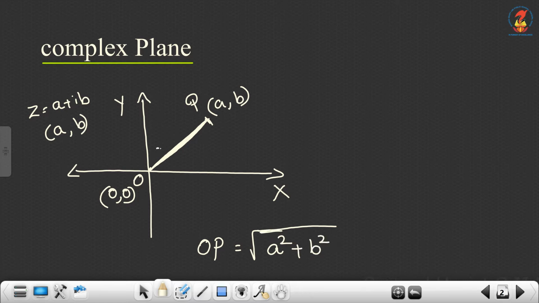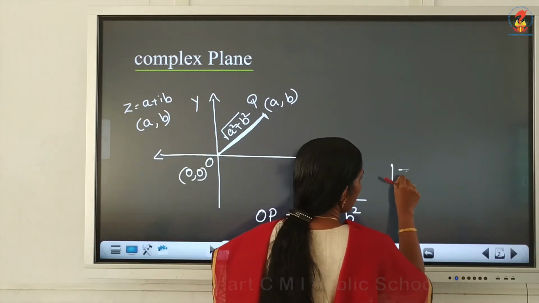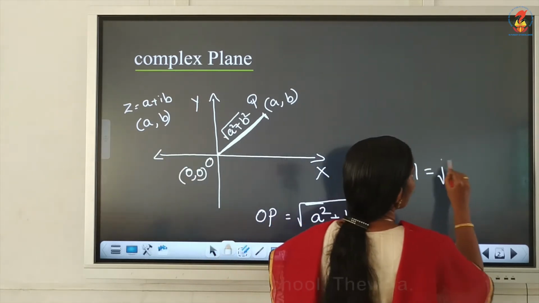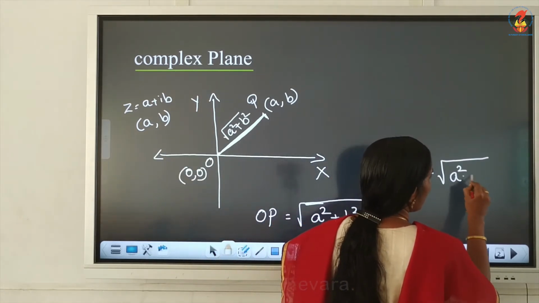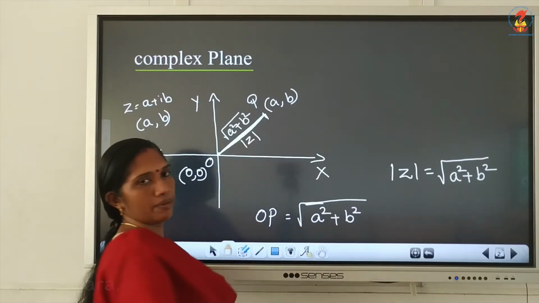So this OP is root of a square plus b square, and that is same as modulus of z. What do you mean by modulus of a complex number? Mod z is defined as root of the real part square plus imaginary part square. So that is same as this OP. So the OP represents modulus of z.